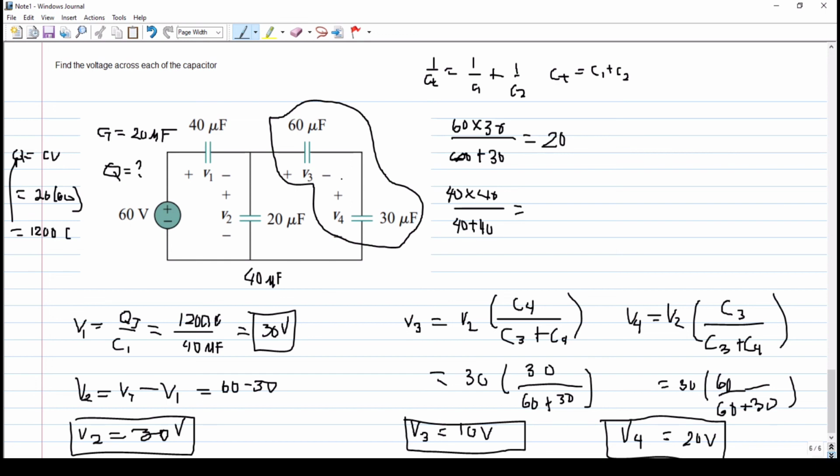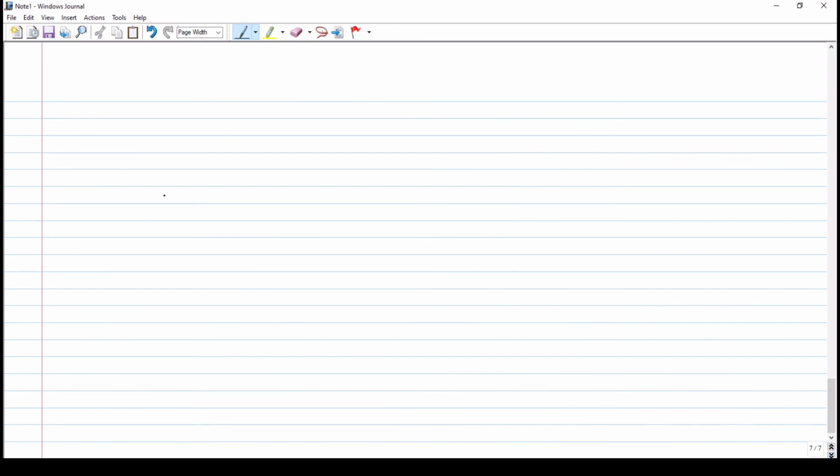Okay, so regarding voltage division, or to analyze the voltage division in capacitor, for example, for this circuit, this is additional need to know about the voltage division in capacitor.